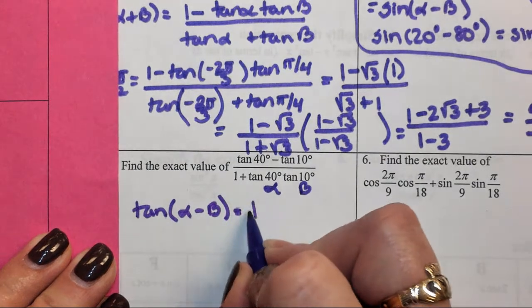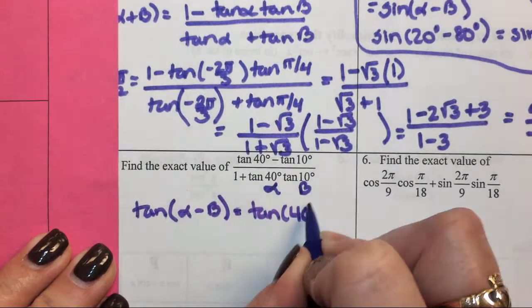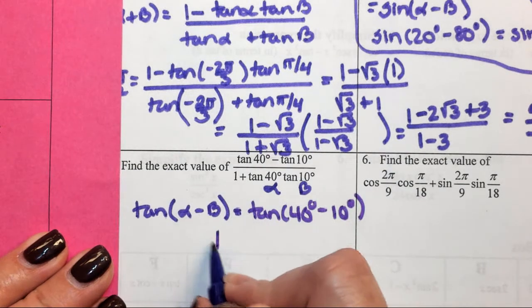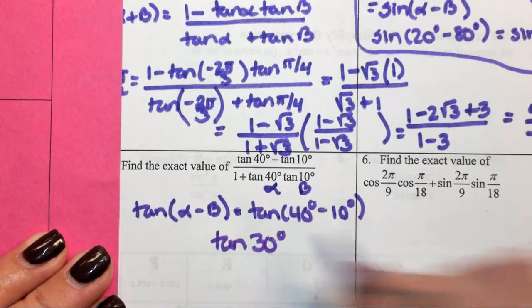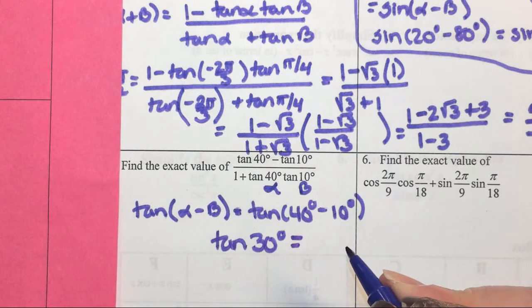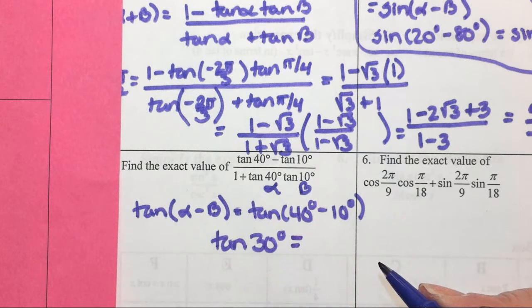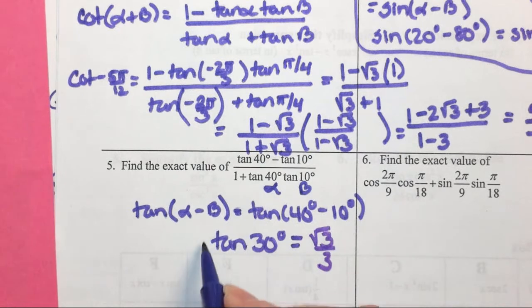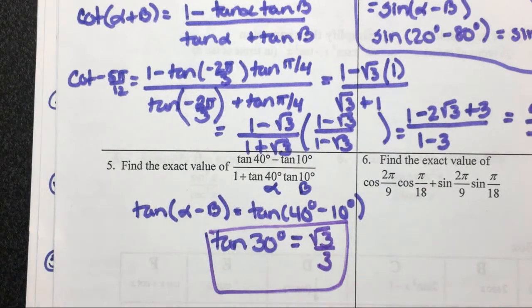So what I then need to figure out is what is the tangent of 40 degrees minus 10 degrees. So it's asked me to find the tangent of 30 degrees. So 30 degrees is located in what quadrant? 1. Tangent's positive or negative? Positive. So then tangent of 30 degrees is going to be what? Square root 3 over 3. Okay? Any questions on that one?